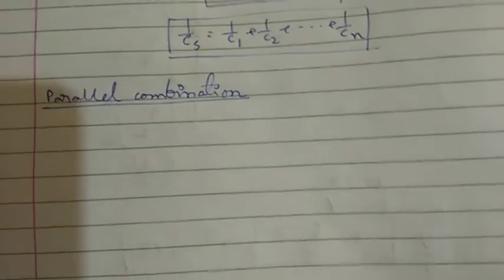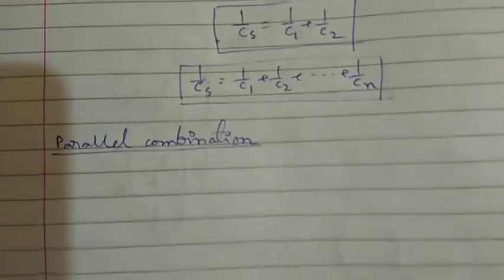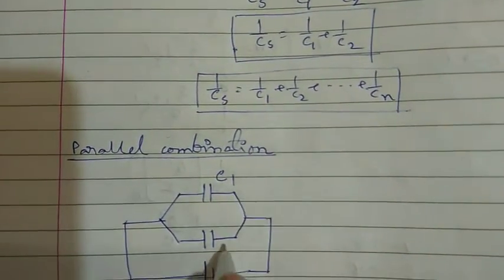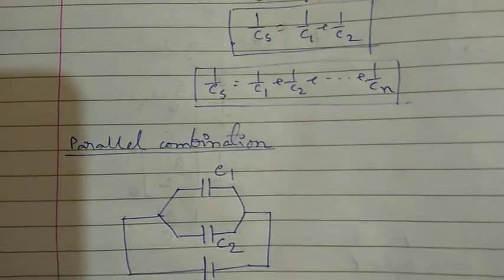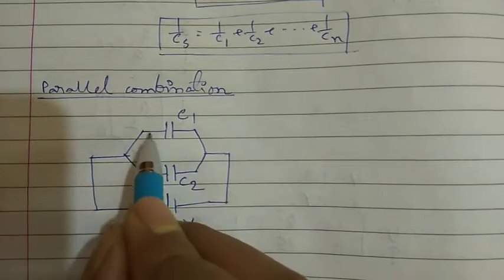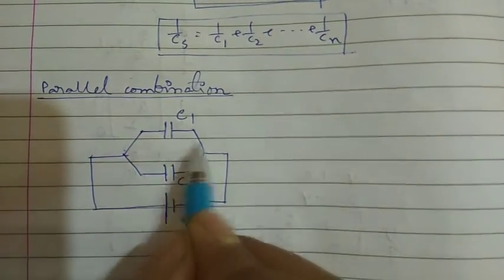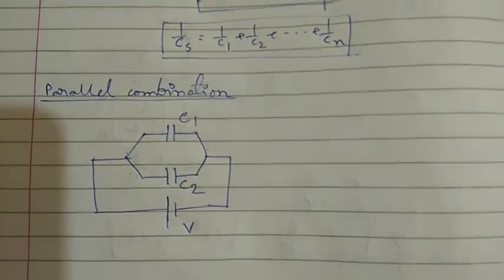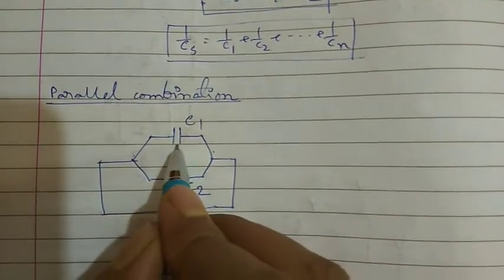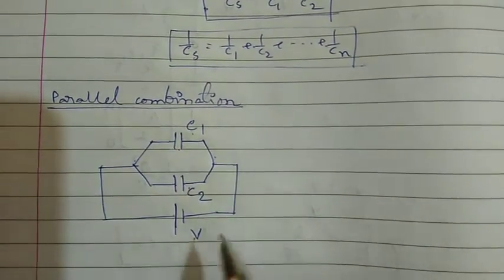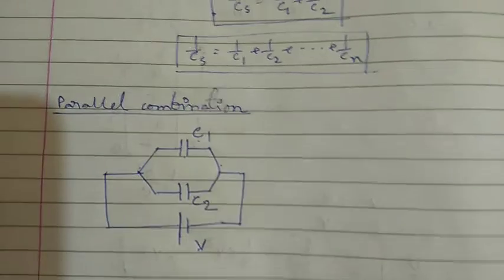Now let us consider parallel combination of capacitors. Say two capacitors having capacitances C1 and C2 are connected in parallel with a battery. Okay, parallel means the terminals of the capacitors will be connected like this. Now here, since they are in parallel, both will have a voltage V, potential difference V, but the charges will be different.